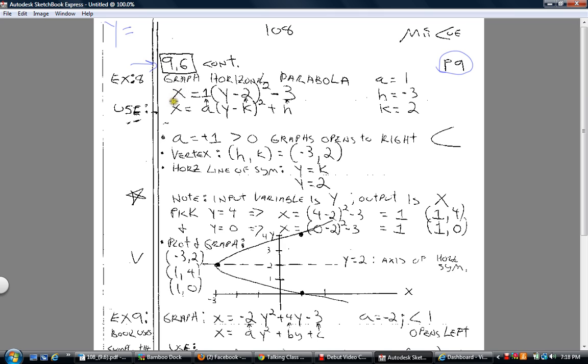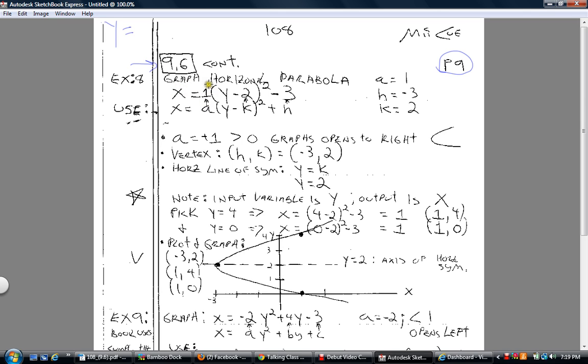Now we're going to do Example 8, where it's x equals 1 times a quantity y minus 2 quantity squared minus 3, and they tell you to graph this. You just have to learn that when you see x equals, it's a horizontal graph. You're going to look at the a coefficient, and I stuck the 1 in there to help us.